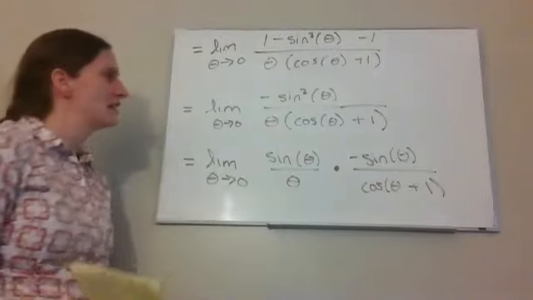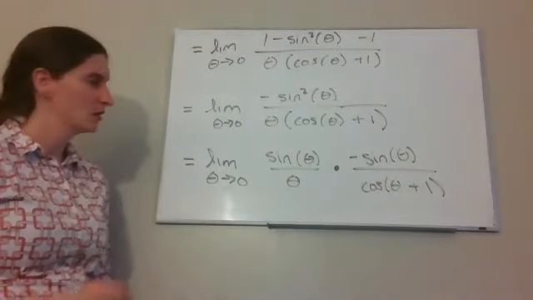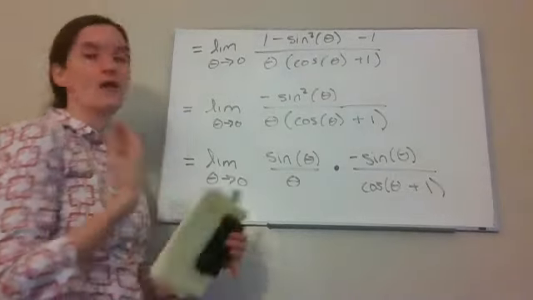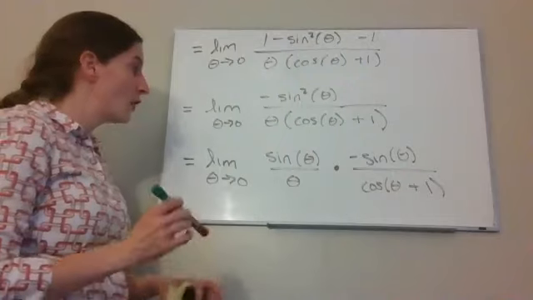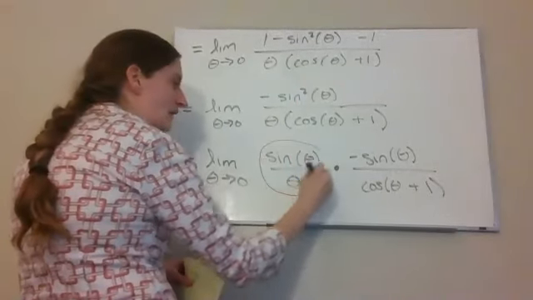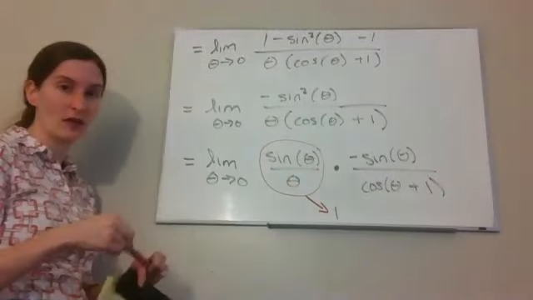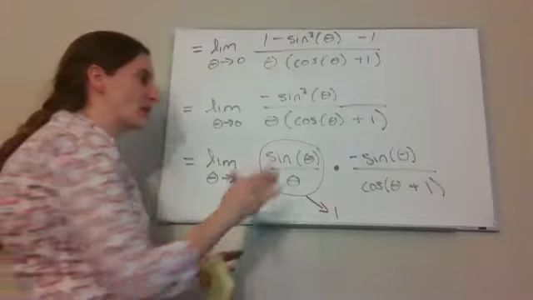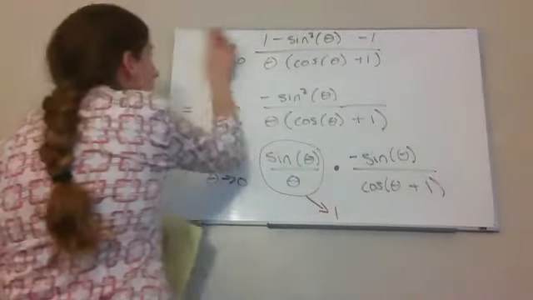So all that I did there is rewrite this as a product. Remember, the limit of a product is equal to the product of the limits. So what happens now when I take these limits? The limit of this guy is going to be 1, using that fact that we learned. To find the limit of the other guy, we would just plug in 0 for theta and see what happens.